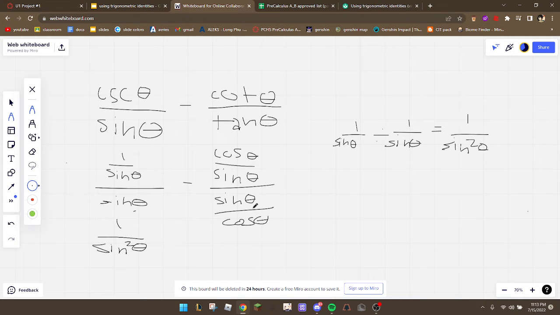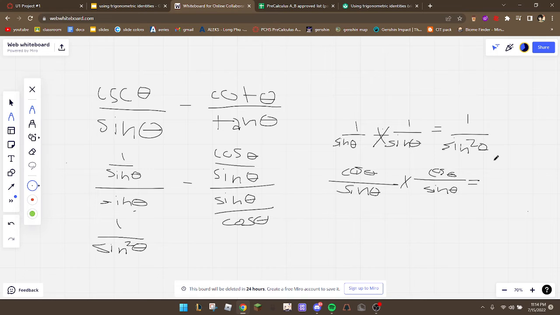And for this, it would become cosine theta over sine theta. And then we would obviously flip that like we did this. Oh, this changed to multiplication too. Multiplied by cosine theta and sine theta.